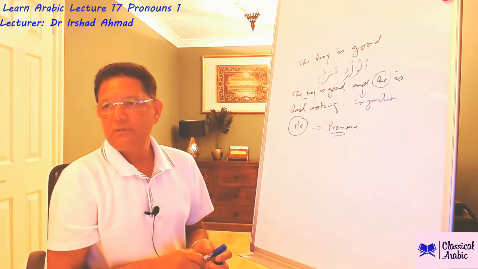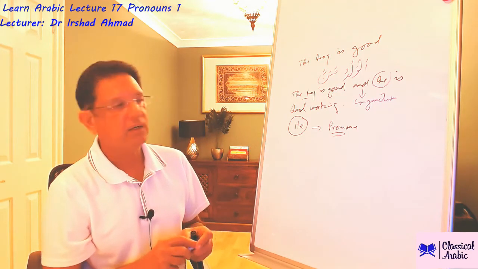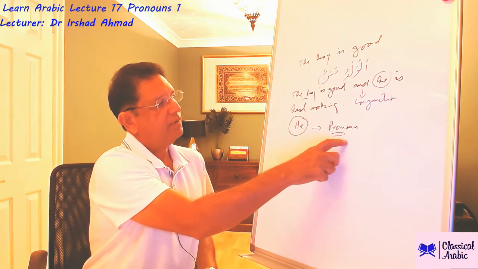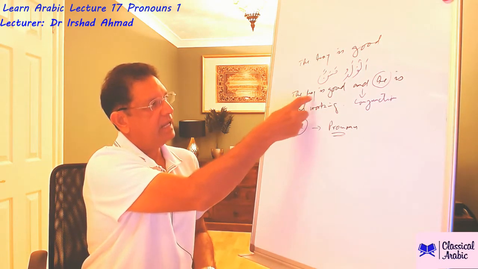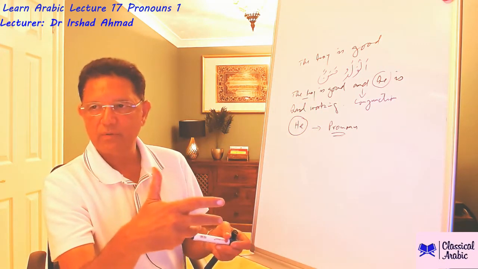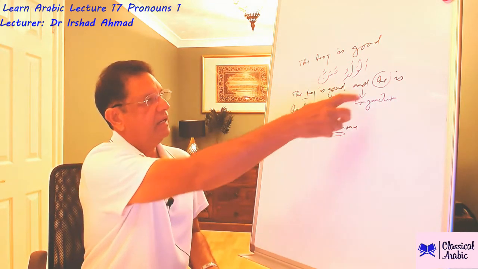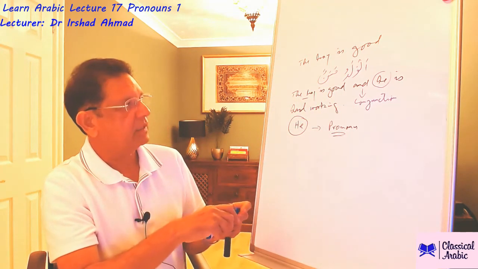So what is a pronoun? The name gives it all away: a pronoun is a noun which replaces a noun. So a pronoun is a word in English which replaces a noun, and in Arabic, noun and pronoun are both ism. Noun is ism, the boy, and he, the pronoun, also comes under the category of ism.